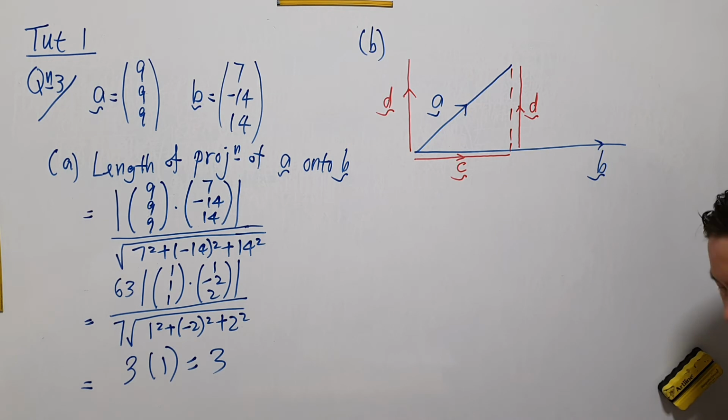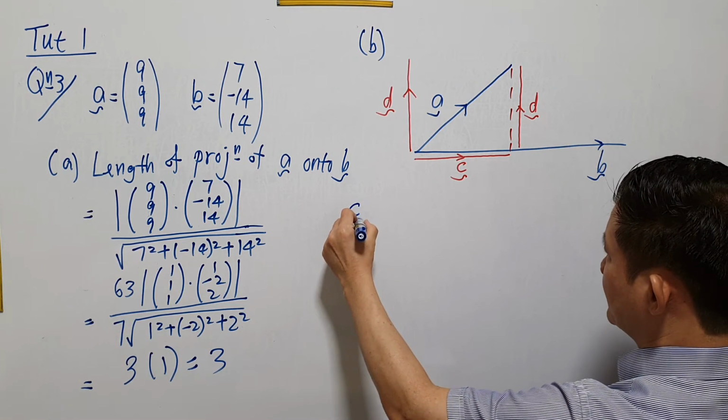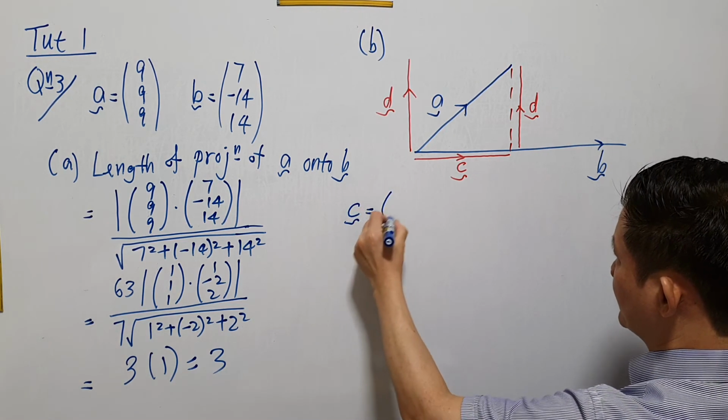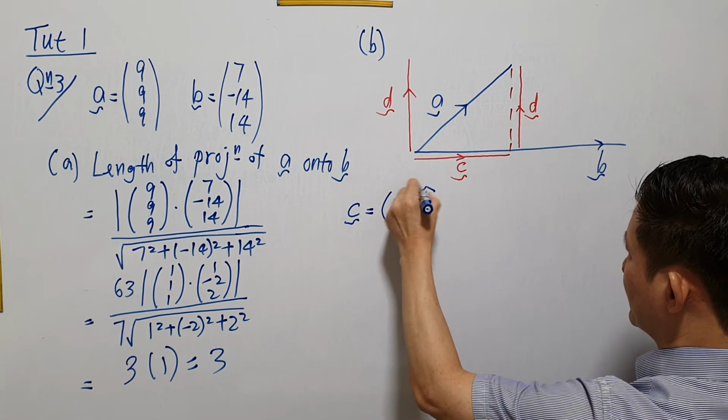In my earlier video, I've shown you that the vector C equals this rounded bracket A dot B hat.